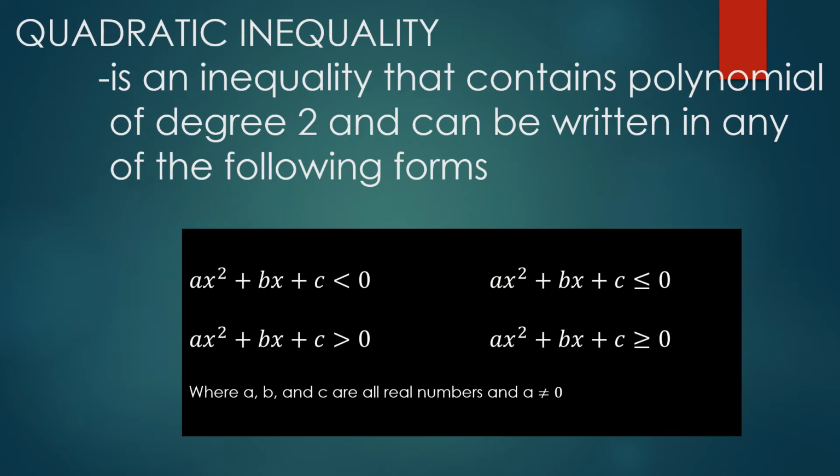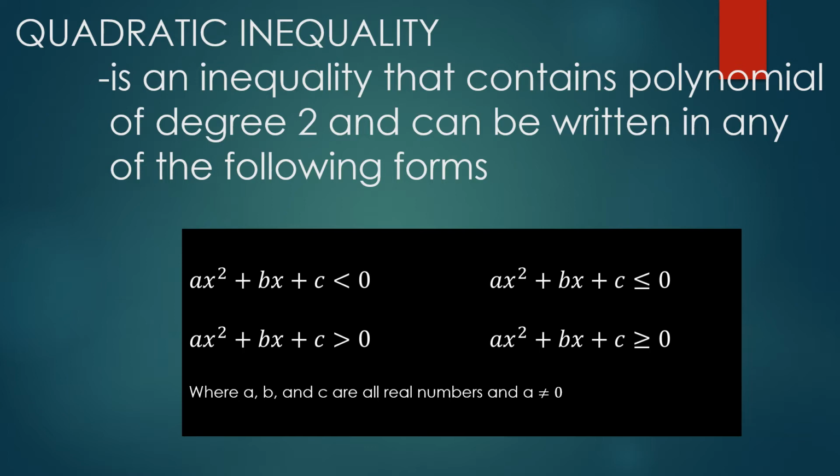Okay, so we have ax squared plus bx plus c is less than 0. We have ax squared plus bx plus c is greater than 0. We have ax squared plus bx plus c is less than or equal to 0. And we have ax squared plus bx plus c is greater than or equal to 0.